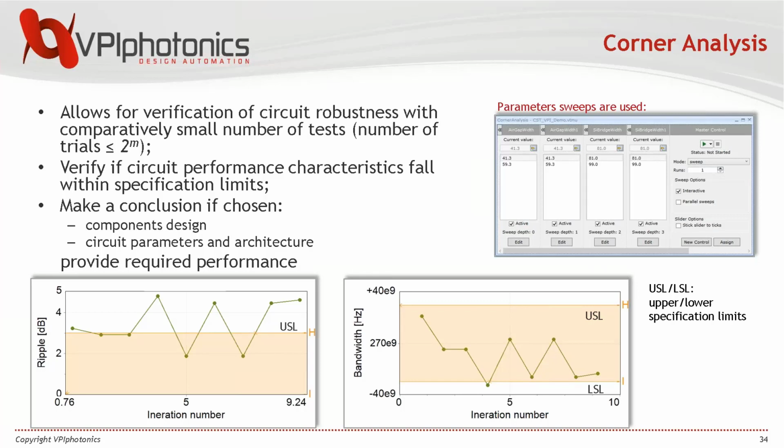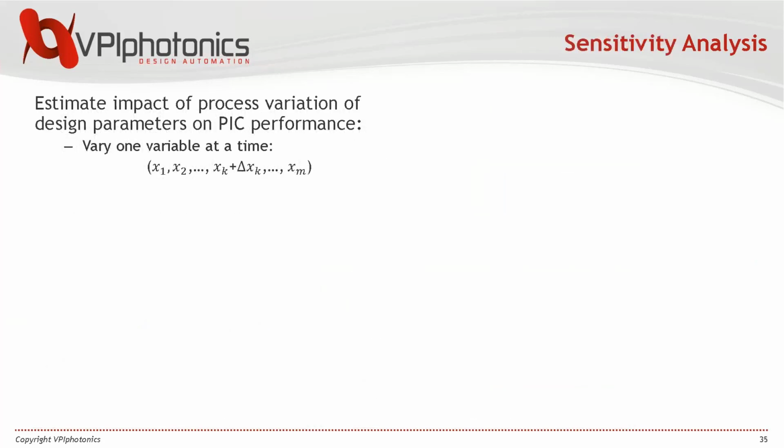However, if you have correlated parameters, this means that some corners will never happen in reality and are very unlikely to be observed, but we still perform our corner analysis for them. This is why other techniques are also used.